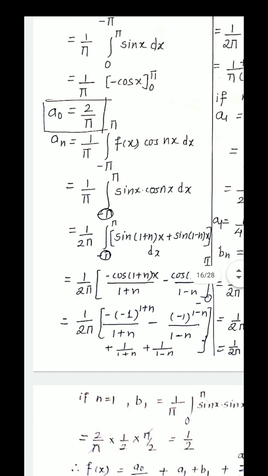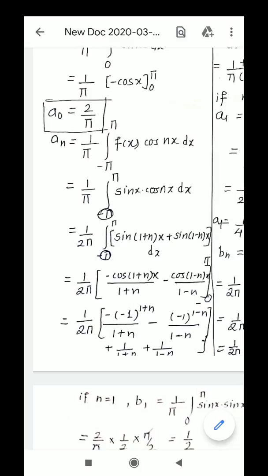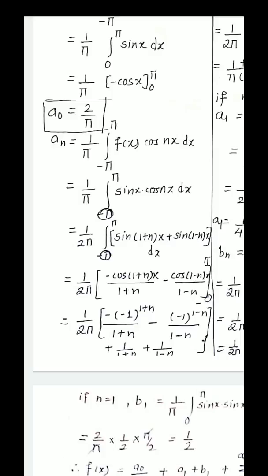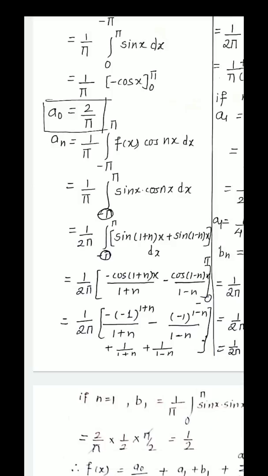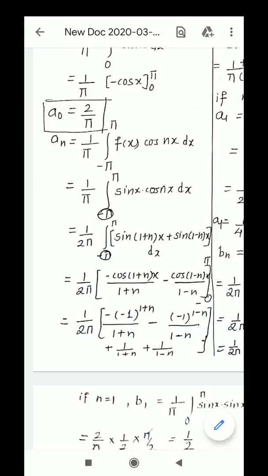Now how do we find the integration of sin x into cos nx? We have to use the sin a cos b formula. So what is sin a cos b? Sin a cos b can be written as 1/2 times sin of a plus b plus sin of a minus b. Take a equal to x, b equal to nx.